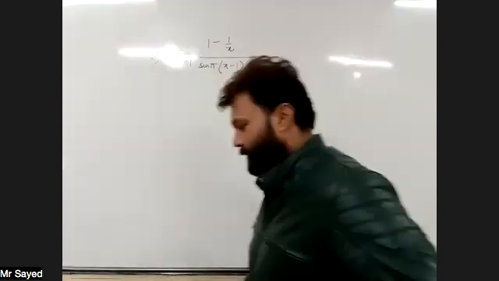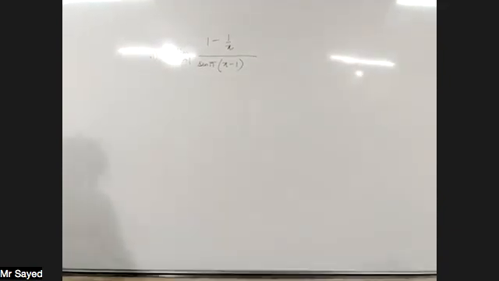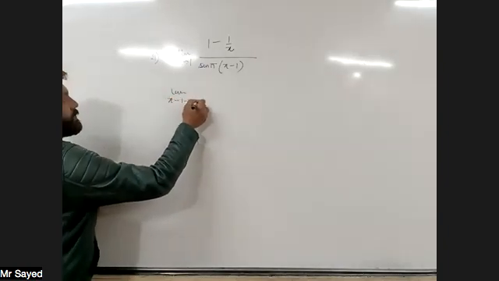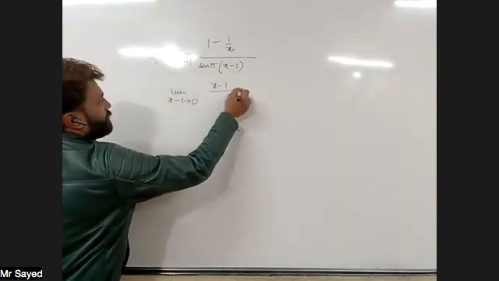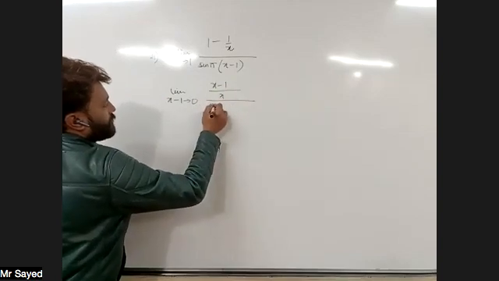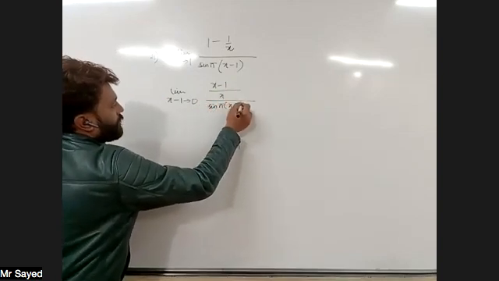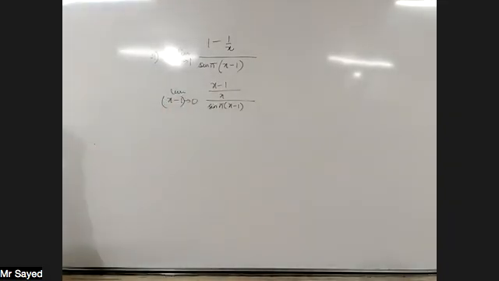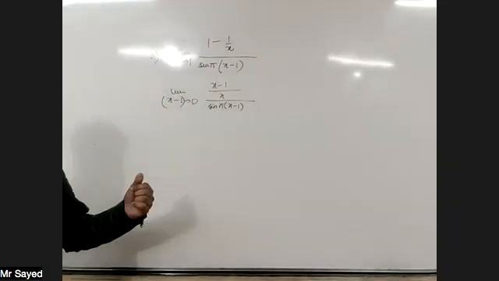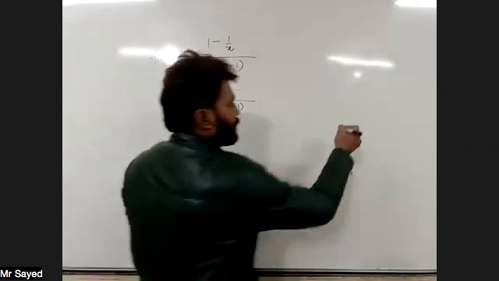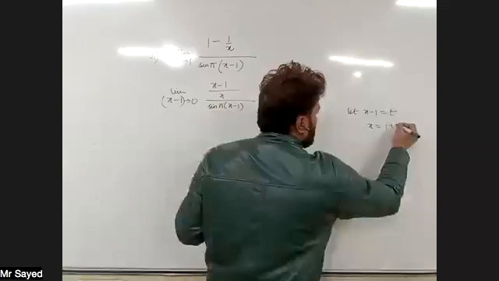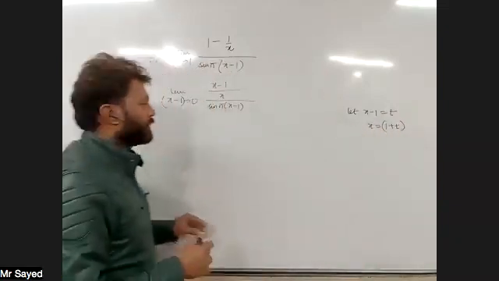What should be the first step? Very good. Limit x minus 1 tends to 0. After this, x minus 1 equals t. We'll take x minus 1 equals t, so x will be equal to 1 plus t.